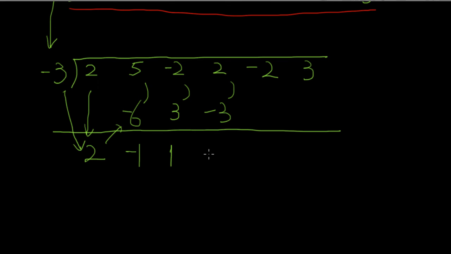Add these two, negative 1. Negative 3 times negative 1 would be positive 3. Add these two, becomes 1. And looking good, right? Because I'm expecting negative 3 there. Negative 3 times 1 would be negative 3. And when we add this finally, it's 0. And this would be our remainder.